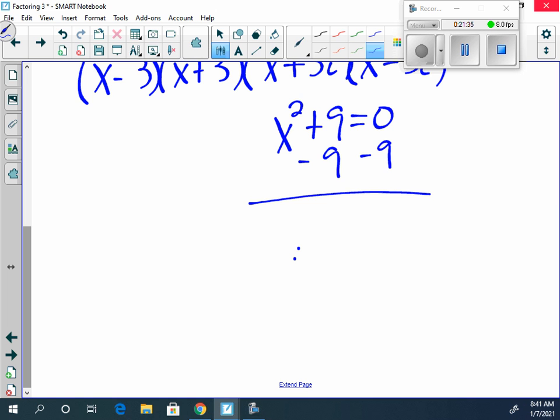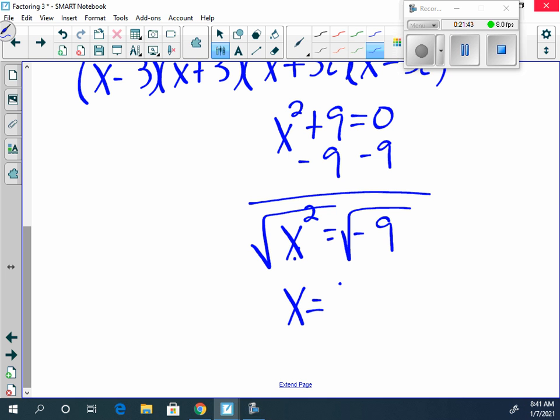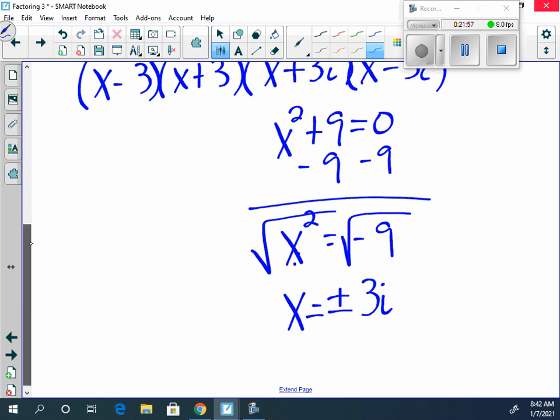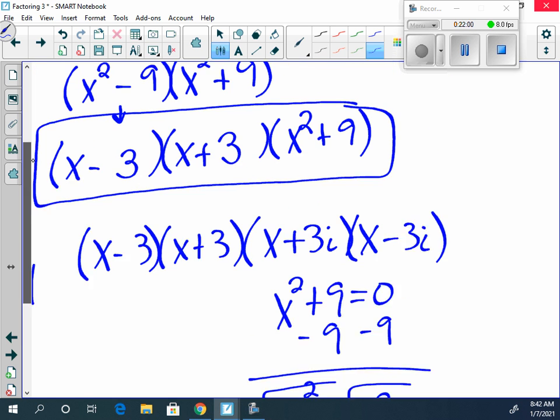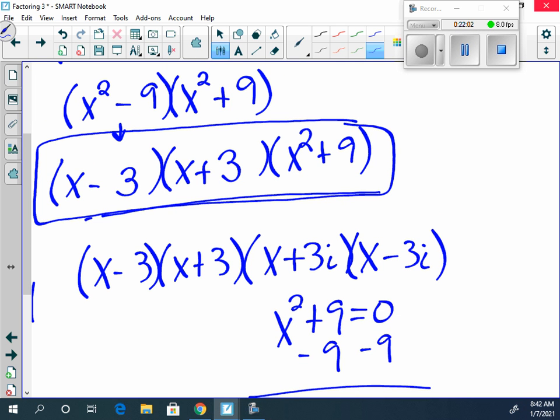Because we would subtract the 9 from both sides. X squared is equal to negative 9, and when we square root it, we get x is equal to plus or minus 3i. We went over i when we talked about quadratics. So since it's a plus, it doesn't have real factors. So we don't worry about factoring it. We'll leave it as this here. Because having x plus 3i and x minus 3i, especially when we talk about radical functions, isn't going to help us any.